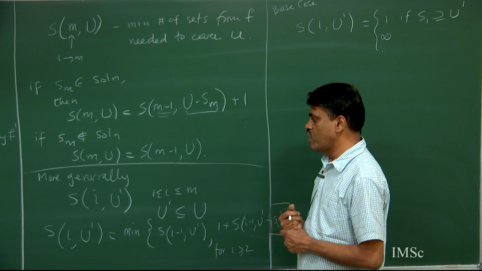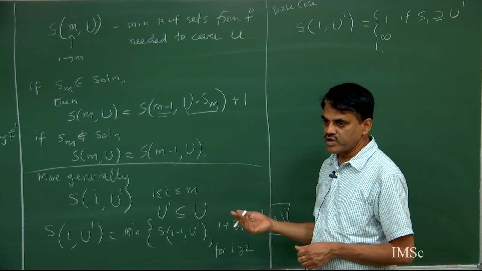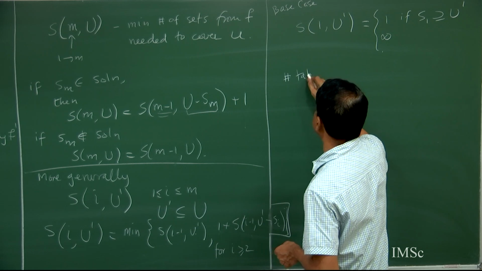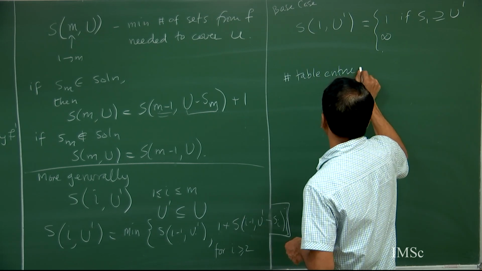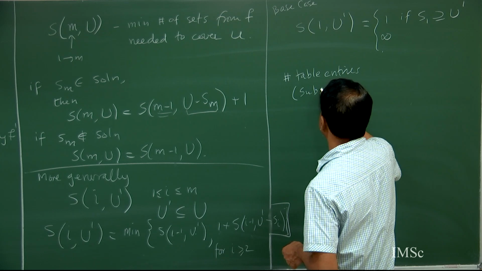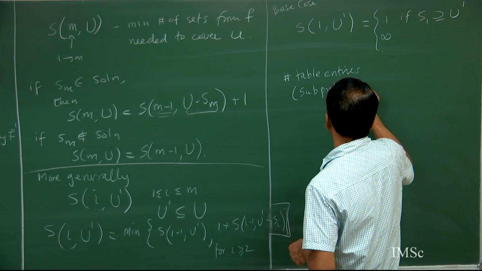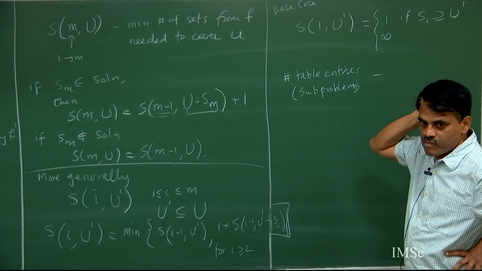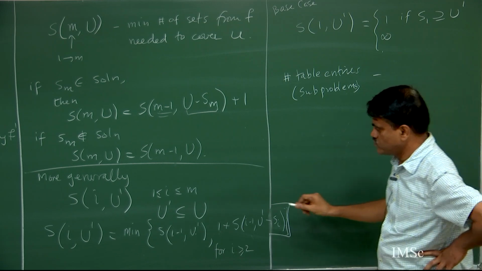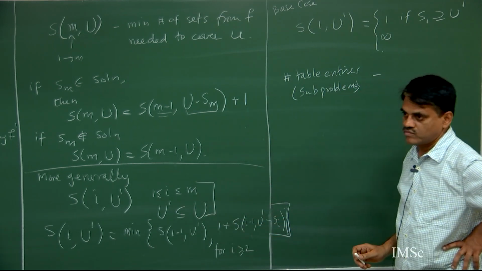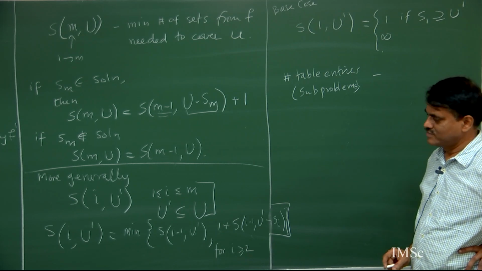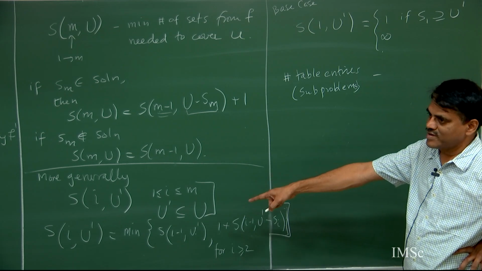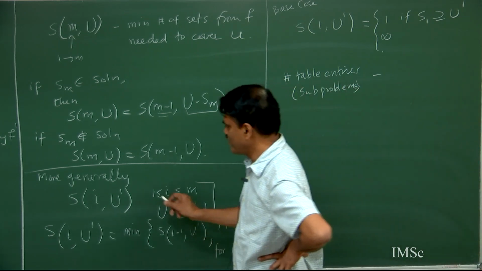First, figure out how many different subproblems we are computing. Number of table entries, let us say. This is a subproblem. How many? U' is an arbitrary subset of U. You look at the indices and that tells you.